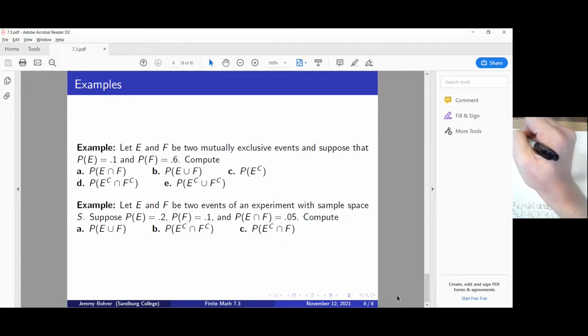The probability of F is 1/10, and the probability of their intersection is 5/100. And we want to compute these three values: the probability of E or F, the probability of the complement of E intersected with the complement of F, and the probability of the complement of E intersected with F.